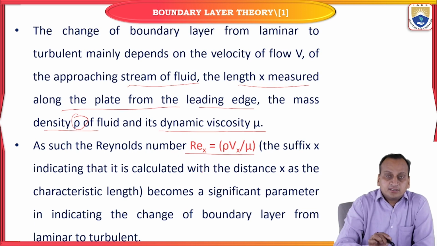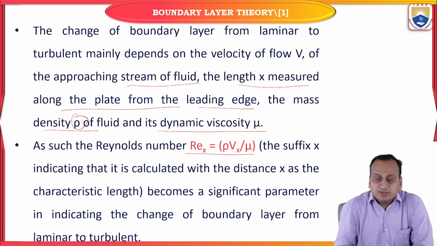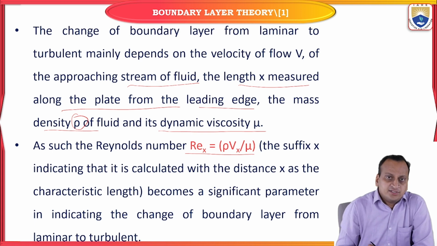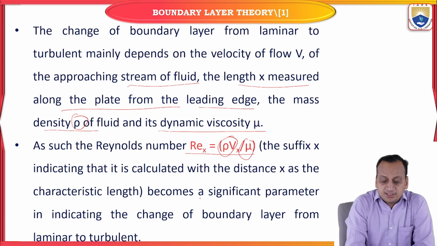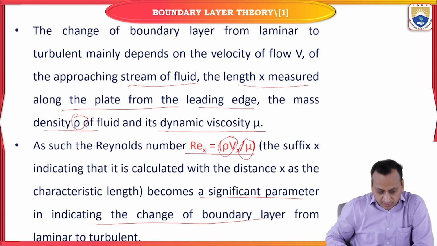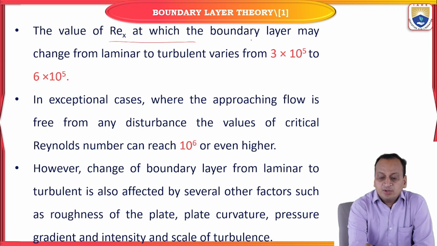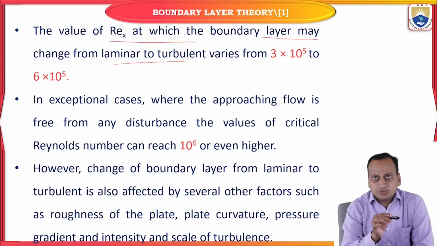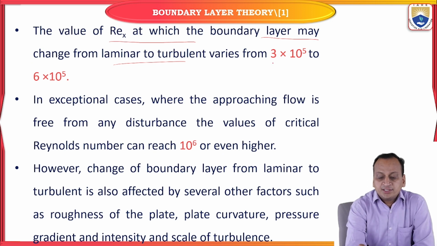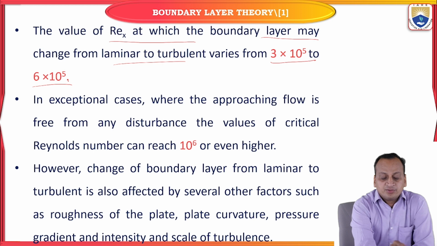So based on the Reynolds number, we can determine which zone is laminar, which is transition, and which is turbulent. Based on the Reynolds number, it can be distinguished. The Reynolds number is nothing but a ratio of inertia force to viscous force. It is a significant parameter in indicating the change of boundary layer from laminar to turbulent. The value of Reynolds number at which the boundary layer may change from laminar to turbulent varies from 3 into 10 power 5 to 6 into 10 power 5.